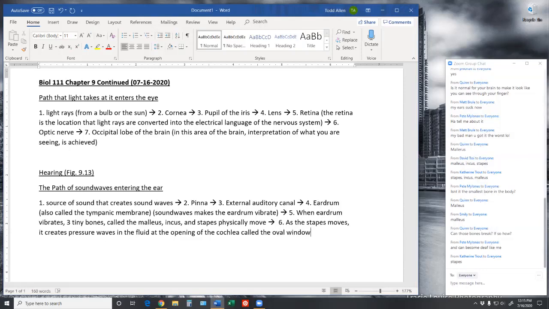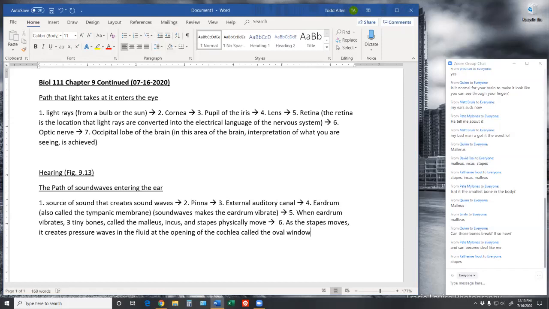Notice that the cartoon bubble in your book there on the bottom right says the cochlea converts pressure waves to neural messages that are sent to the brain for interpretation as sound. We can go a little bit deeper at that. If we turn the page to page 162, here we have the cochlea and a specific section of the cochlea that's being highlighted called the spiral organ of Corti.